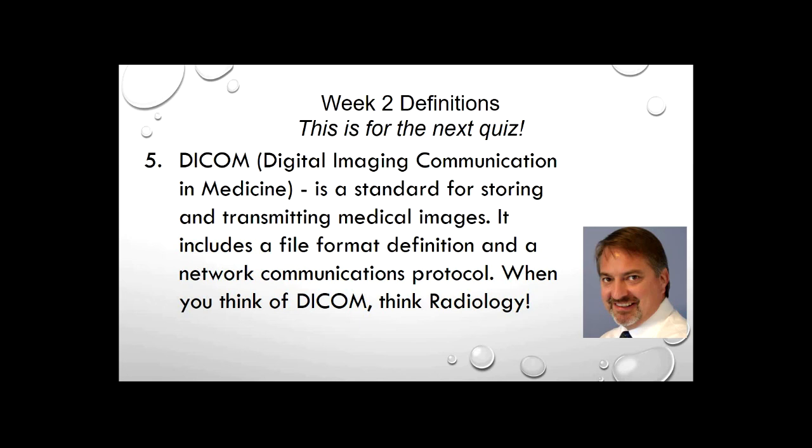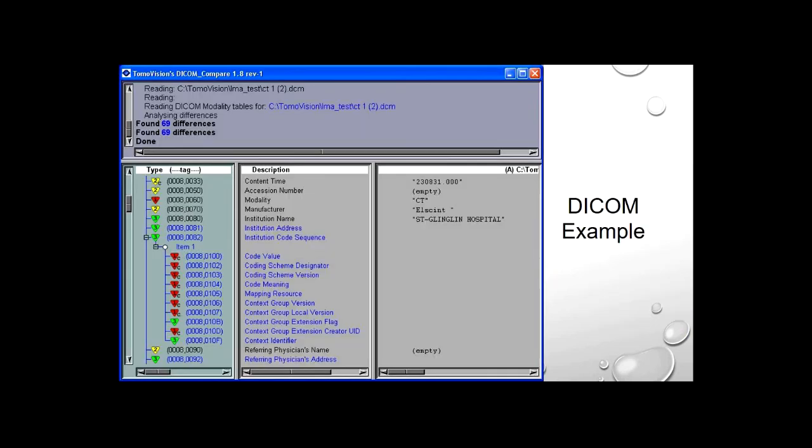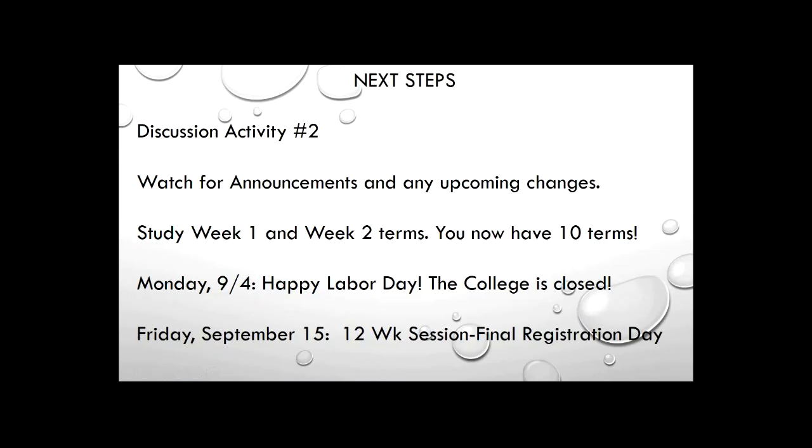Okay, so those are going to be the five. This is an illustration of DICOM, an example of DICOM, and you can see the coding over on the far left here. There's quite a bit of difference between this coding and the other codings that we've looked at.